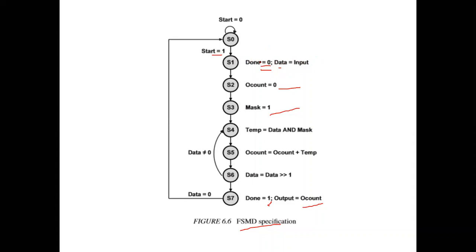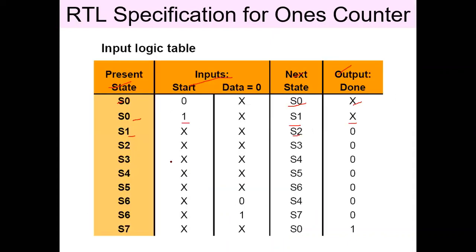The done signal is maintained as 0, and in the next clock cycle it moves to S2. For sure, in S1 it does not consider any data inputs. In the input logic table, we don't need to worry about the input data. It just sets the next state as S2, and the done signal is maintained as 0.